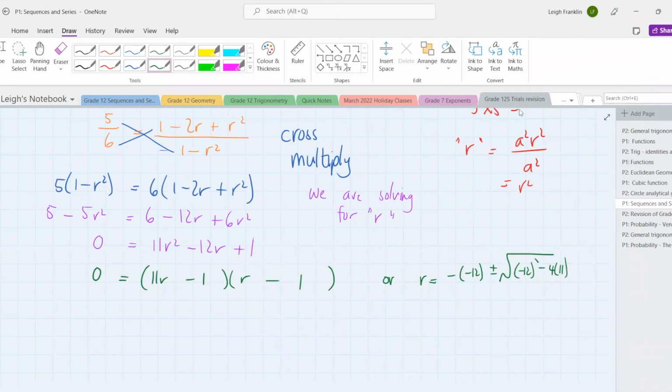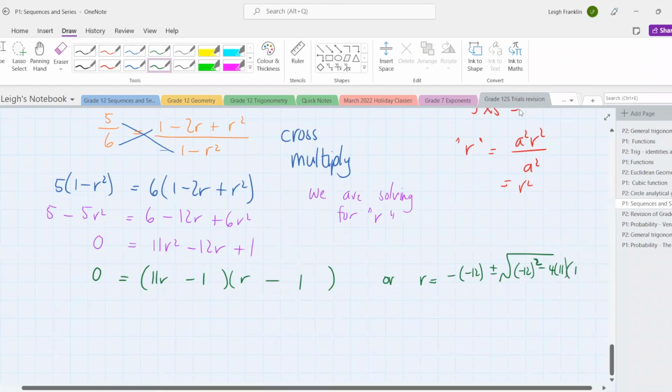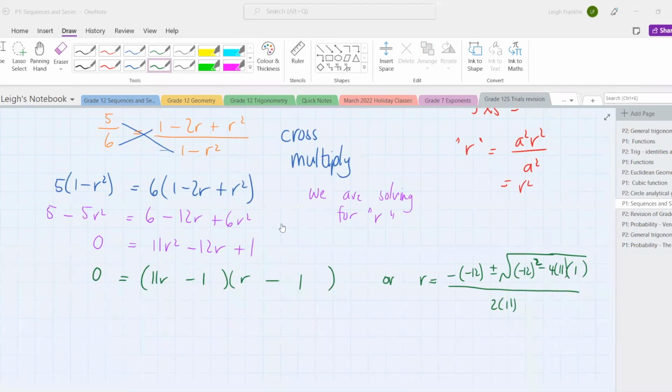Just make that into a proper square root. And then c in this case is 1. So that's our alternative. We've got to show the step. If factorizing is horrible, you can use the quadratic formula, but you've got to show that you use the quadratic formula. You've got to sub into it.